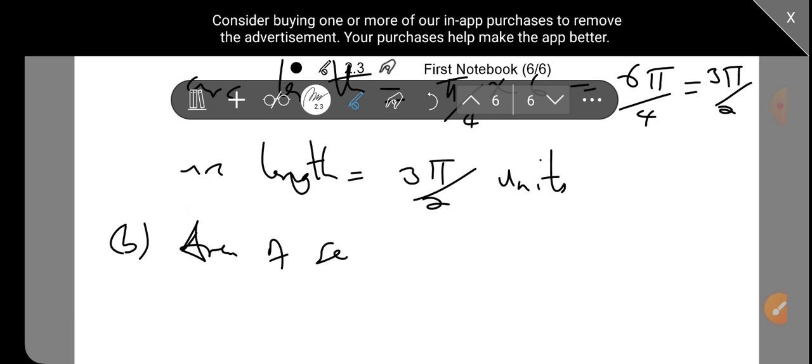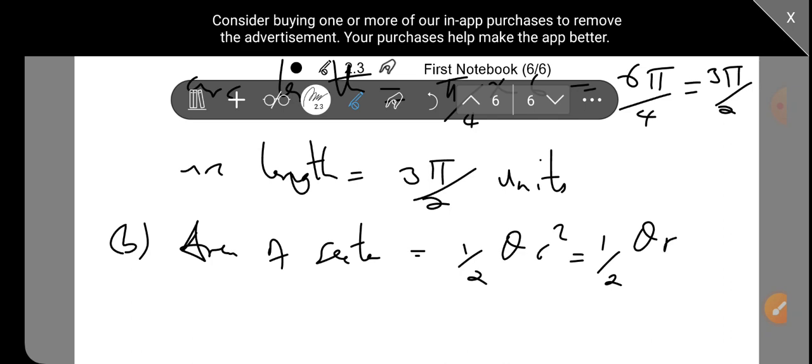Area of a sector. We said that it's half theta r squared. But what are we seeing here? What we are seeing here is theta r squared, which is the same as theta r, the whole of this times r, just to make things easy.